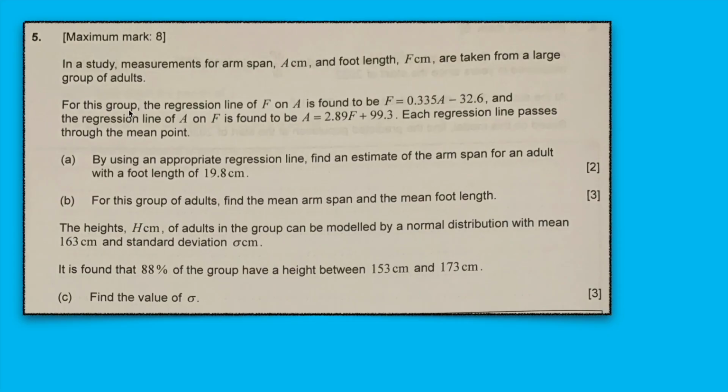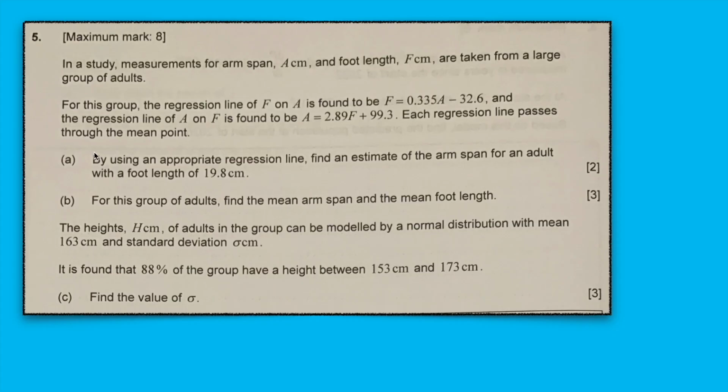For this group, the regression line of F on A is found to be F = 0.335A − 32.6, and the regression line of A on F is found to be A = 2.89F + 99.3. Each regression line, this one and this one, passes through the mean point.